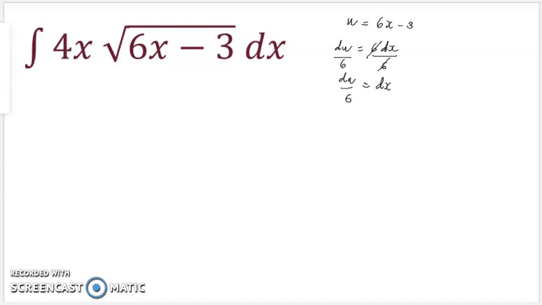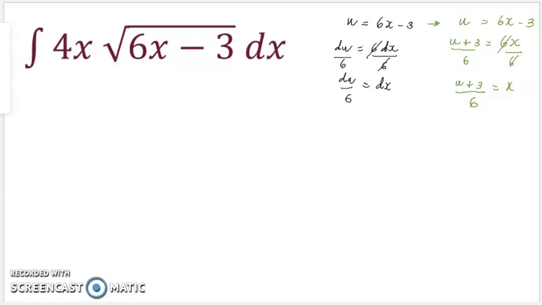And again, x, we can write that as, if we manipulate this, u is equal to 6x minus 3. So 6x is equal to u plus 3. Dividing both sides by 6, we get x as u plus 3 over 6.